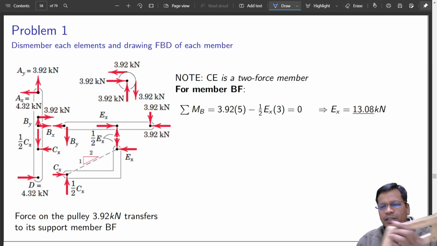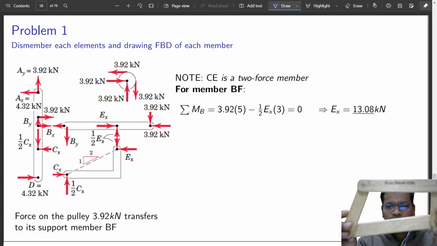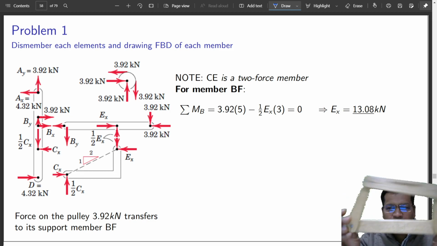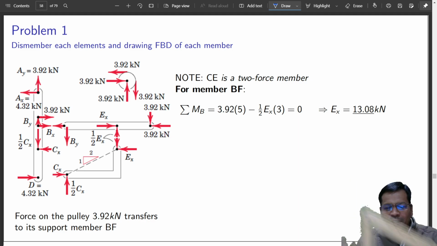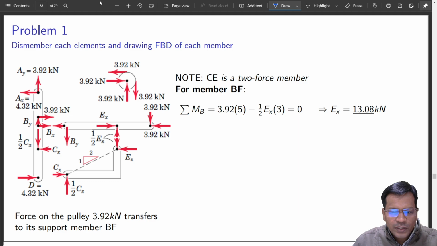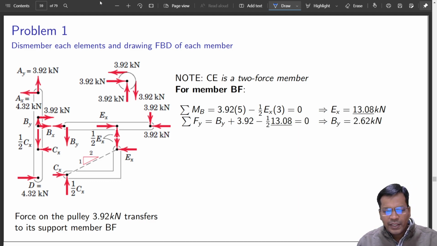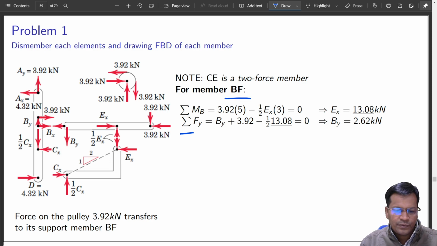This is a regular thing that I make my students make. This is one I made. You can make a similar one and try to analyze these things. Anyway, let us move ahead. If I know Fy, where do I know Fy? Summation of Fy should be equal to 0. So how much is the force acting on the member BF?